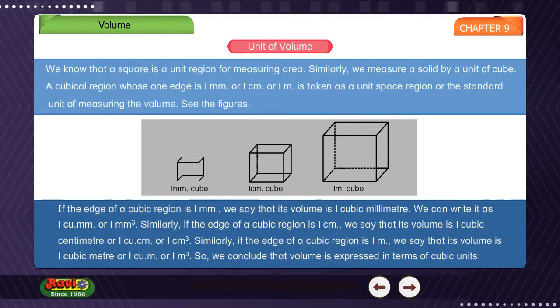Similarly, if the edge of a cubic region is 1 meter, we say that its volume is 1 cubic meter, or 1 cu.m, or 1 m cube. So, we conclude that volume is expressed in terms of cubic units.